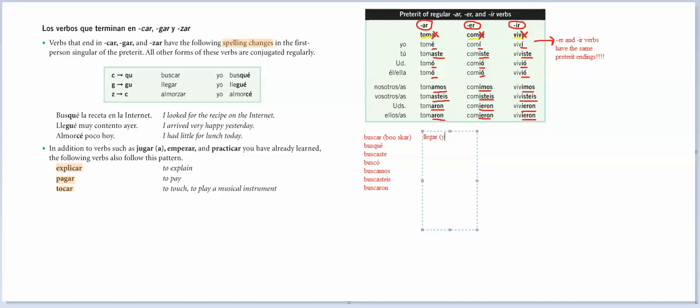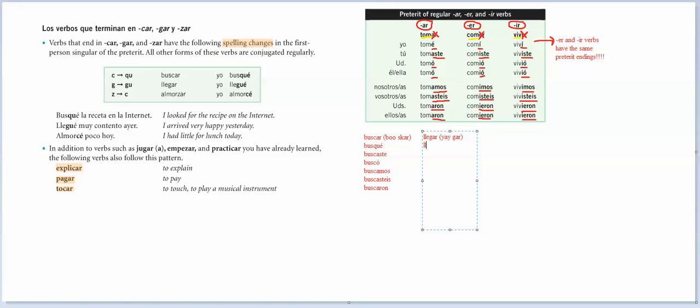And it's pronounced like this, llegar, okay? It has the hard G sound. G next to an E or an I would have an H sound, okay? But we want to conserve the sound that's in our original verb, which is a G sound.